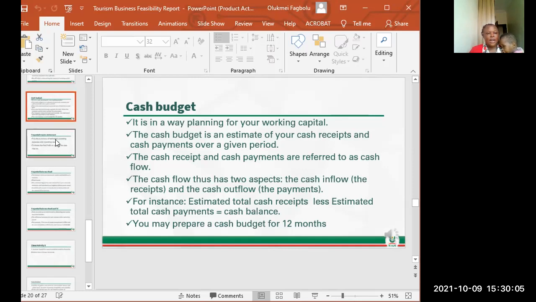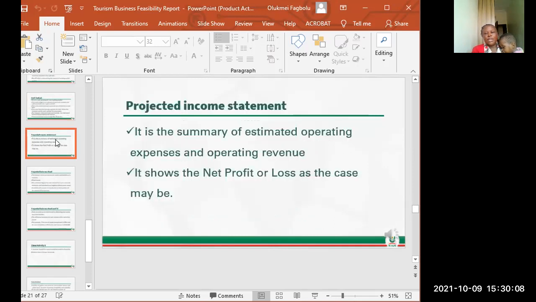Then after our cash budget, we'll have the projected income statement. The projected income statement is a summary of estimated operating expenses and operating revenue. So the projected income statement will show what? Net profit or net loss. It depends. When we have our balance sheet from our trading, profit and loss accounts, from the trading account we are going to have gross profit or gross loss.